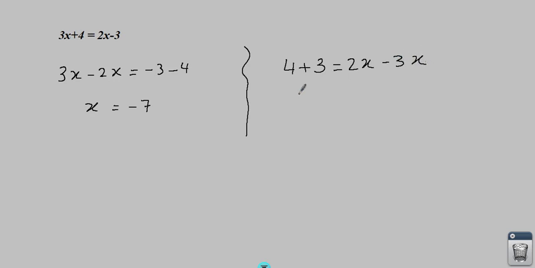This gives us 4 plus 3 is 7, equals 2x minus 3x is negative x, and in this case, x is not the subject. I don't need negative x, I need x. So I have to multiply both sides by negative 1, and this gives me negative 7 equals x. And it's a better way to answer x equals negative 7.